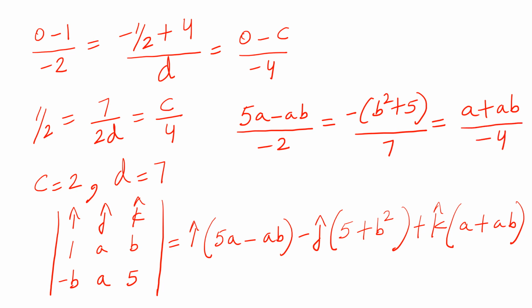Now students, we will find the values of a and b from this equality. Now we move further. Now students, if I compare the first and last terms of the above equality, then I get 10a - 2ab = a + ab.